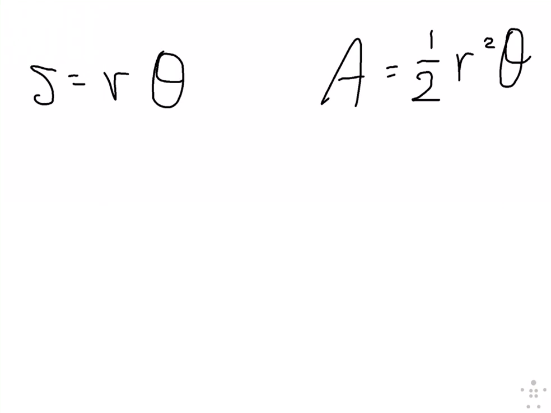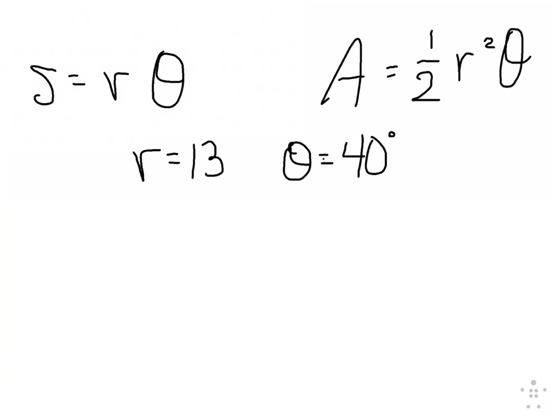This is like number 9 on your test. They give you that the radius is 13 and theta is 40 degrees. Now the problem here, you guys, is you're not allowed to use degrees when you're finding this. You have to put it in radians first.